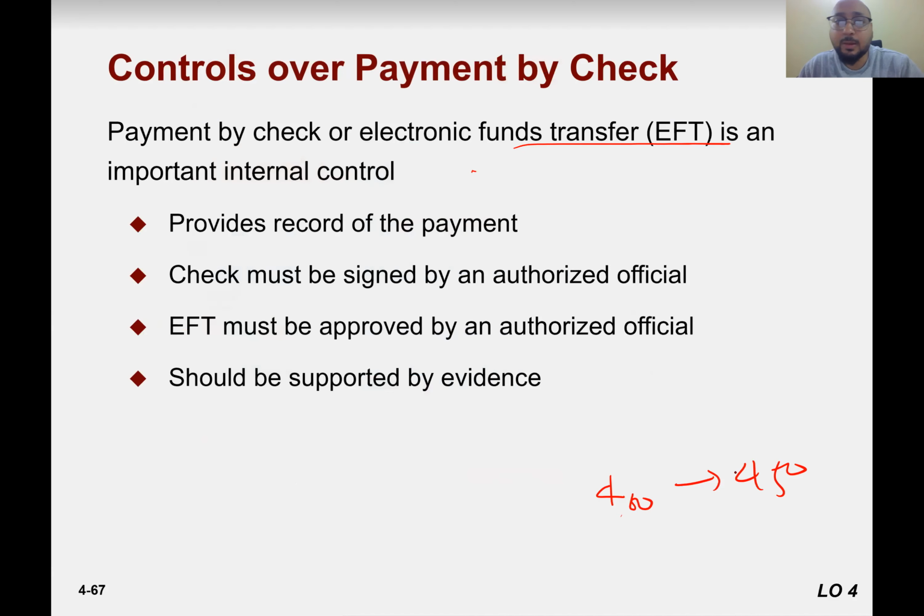How can you establish control? You must provide a record. The payment system must have some kind of receipt. Plus, checks or any electronic transfer must be signed or approved by an authorized person. Plus, you must have evidence.